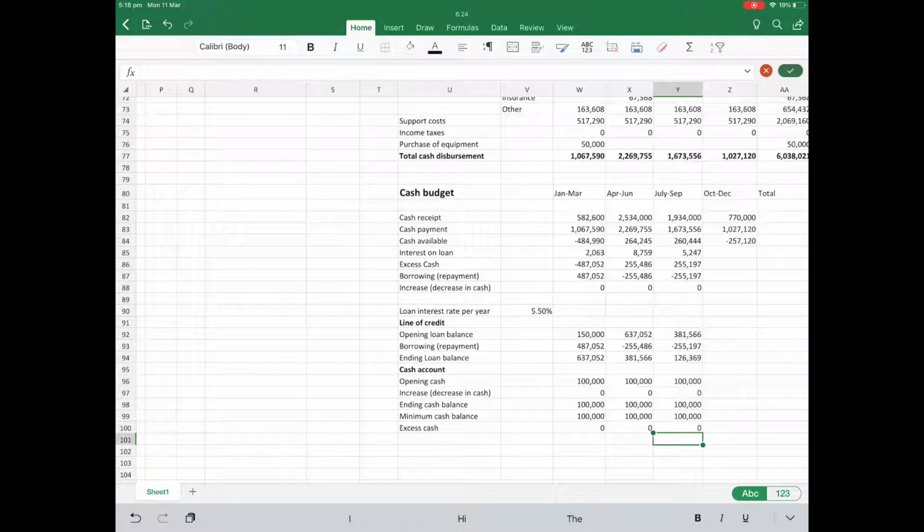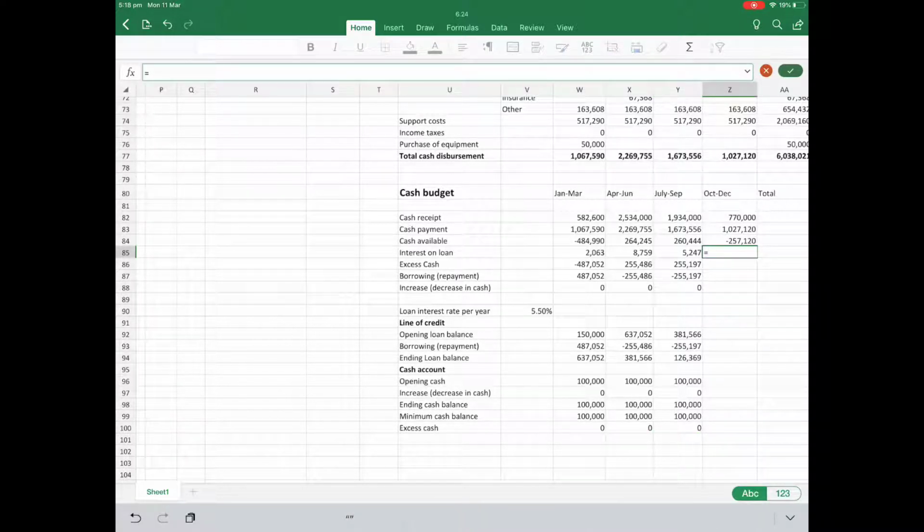Now you can know what we'll do here. The interest on loan, we take the balance here, 126,000 something, times the interest rate and divided by 4.